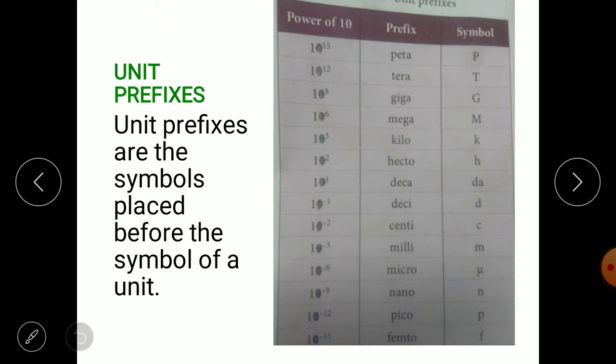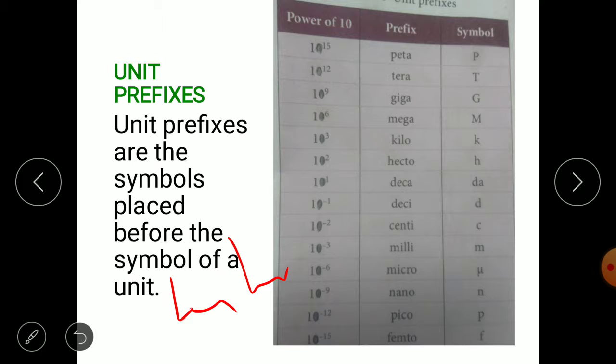So it gives which power of the quantity, and that is only mentioned in this unit prefix. Here a simple prefix word is kilometer. So here kilo is the prefix word and meter is the root word.